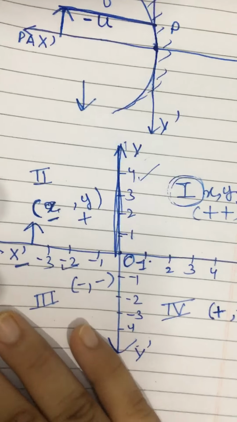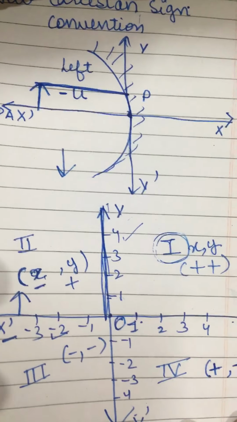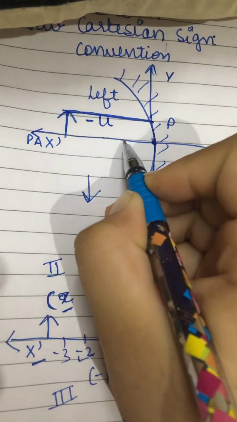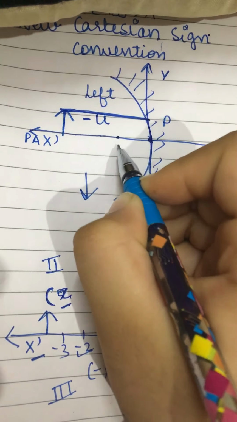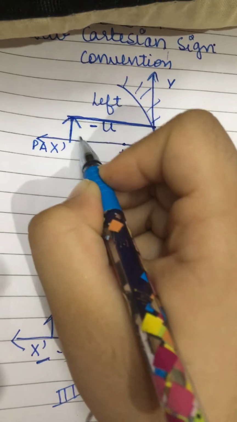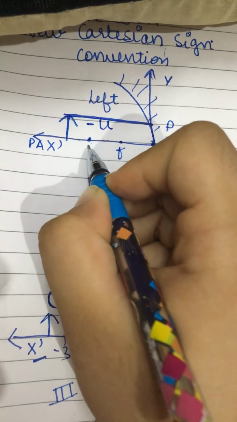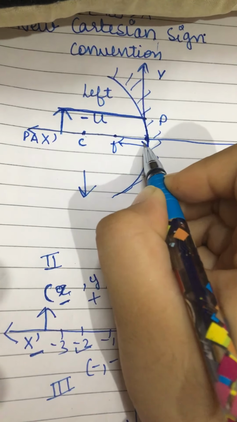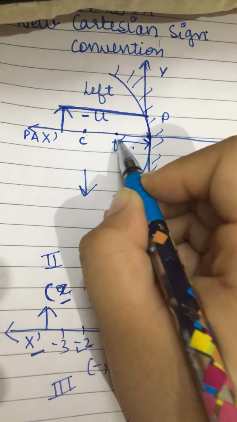And for the mirror and the image so formed, suppose this is our focus, and this is our center of curvature. The distance between focus and pole will be the focal length.